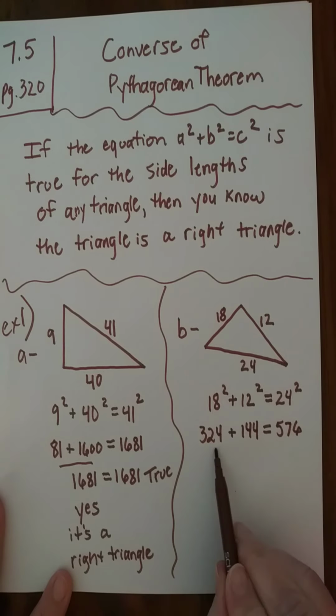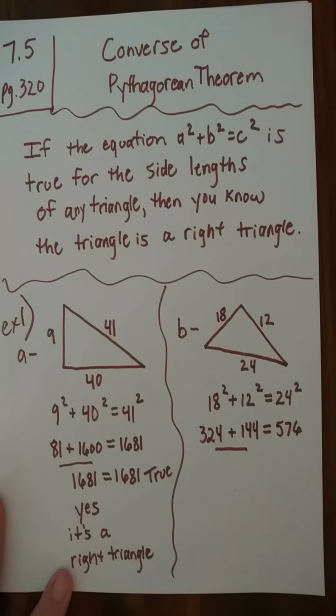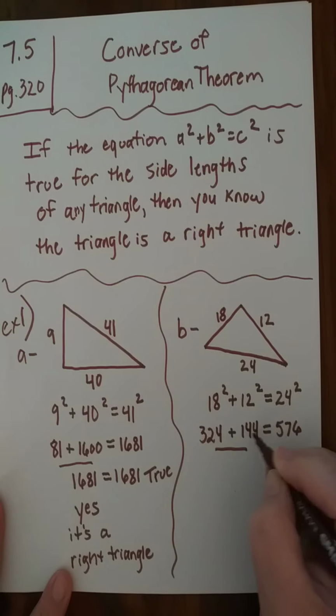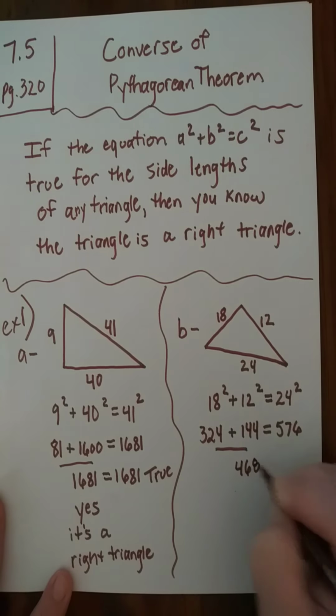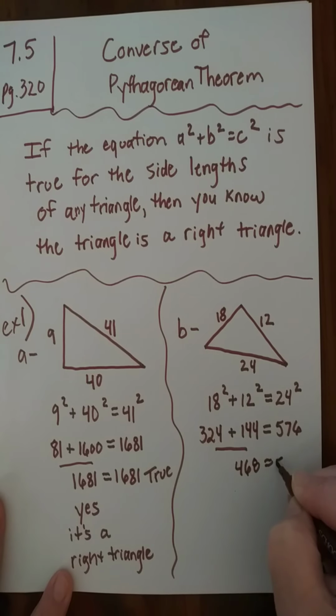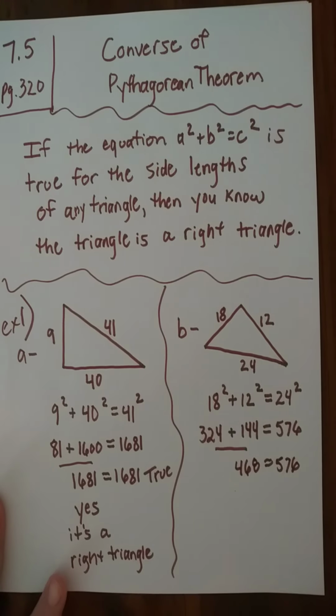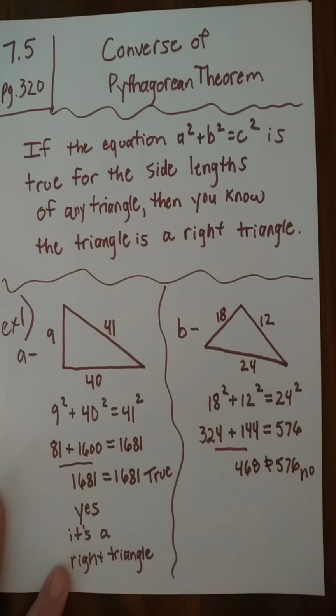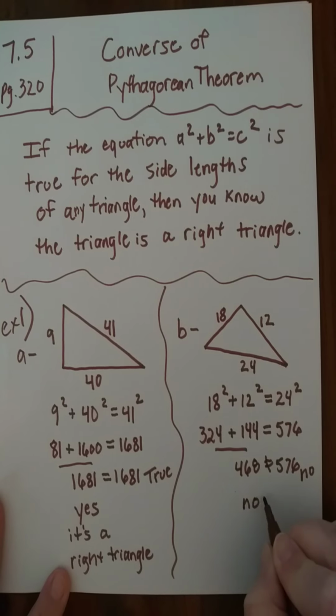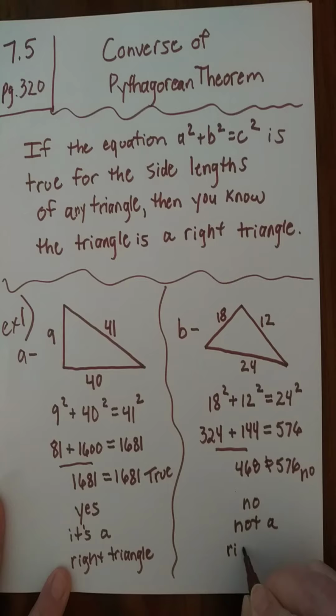At this point we can add these two together: 324 plus 144 equals 468. Over here we ended up with 576. Is that a true statement? No, this is not true. It's a false statement. Therefore, no, it's not a right triangle.